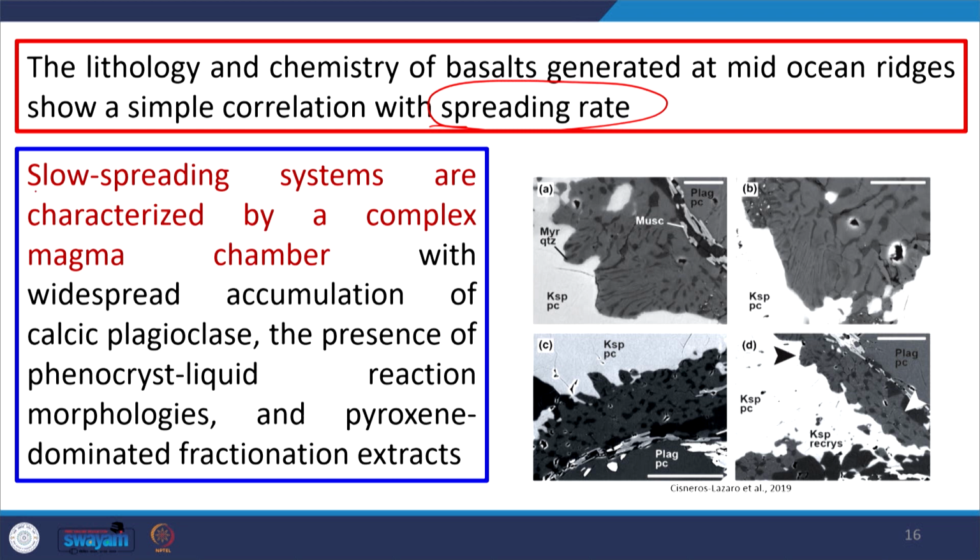So, these slow spreading ridge systems are showing these characteristics. Similarly, fast spreading ridges show different characteristics compared to that, and even among different segments of a fast spreading ridge, they show different characteristics.